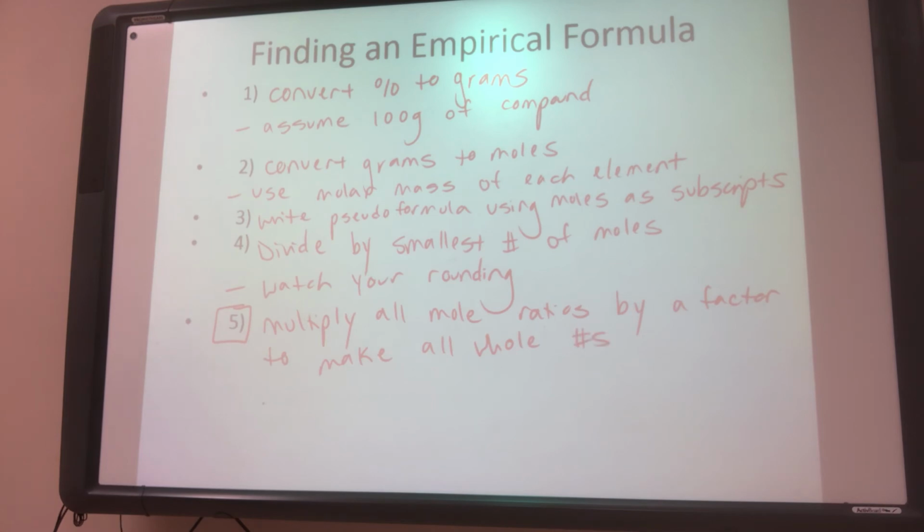For example, if my number was 0.5, what would I need to multiply by to get a whole number? You would multiply by 2. If my number was 0.33 or 0.67, what would you multiply by?